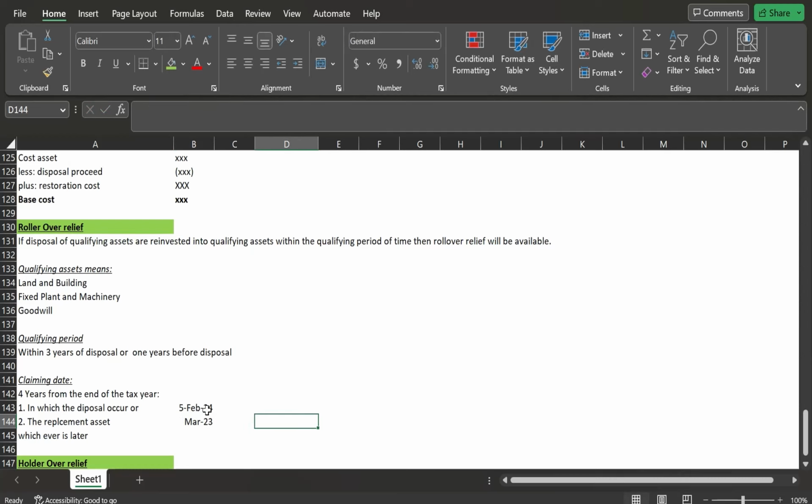So here, out of these two dates, which one is later? In our case it is 5 February 2024. So 4 years from this date you have to make a claim in order to get a rollover relief.